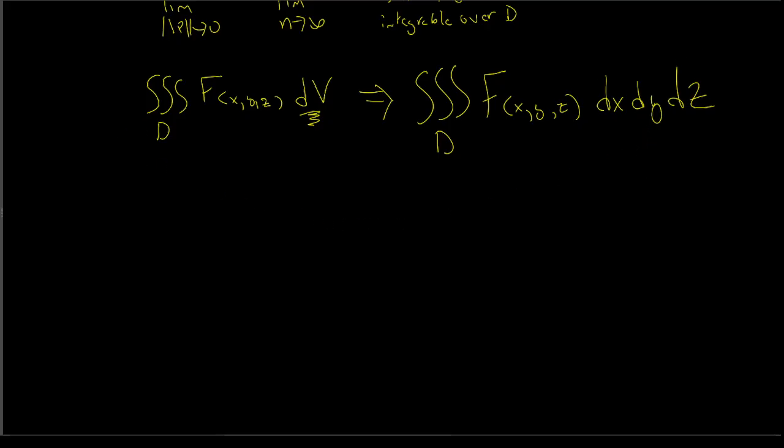If I just wanted to find the volume itself, then this function becomes 1. And so the volume contained within a bounded solid region D is the integral across that region, dV.